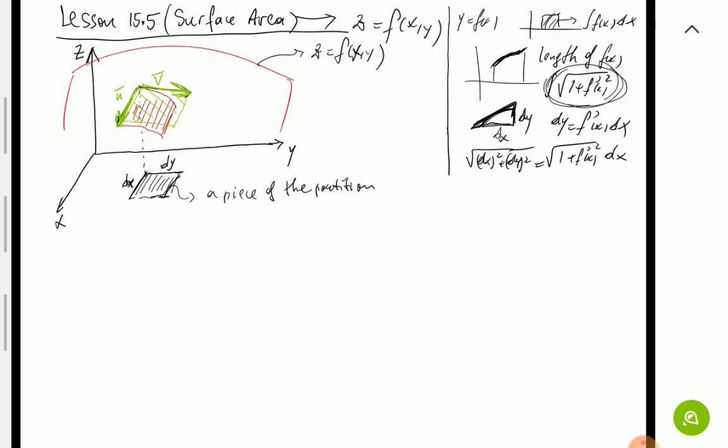And let's remember also from previous sections that the area of the parallelogram is actually the magnitude of the cross product of the vectors that define that parallelogram. So I hope the analogy is more or less clear, right? From approximating an arc length with a straight line, here we're approximating a patch, a portion of the surface with a tiny parallelogram.